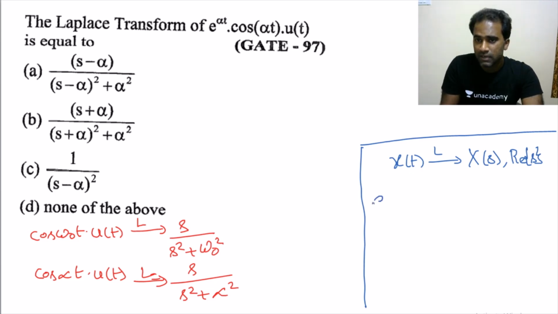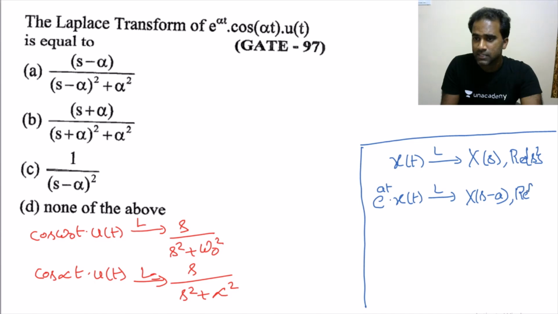Now if x of t is multiplied with e power at, let me write the general property here. e power at into x of t has the Laplace transform x of s minus a. If you know the Laplace transform of a signal, and if that signal is multiplied with some exponential signal, then you can find the Laplace transform very easily.